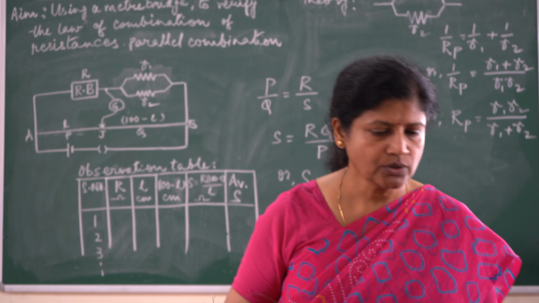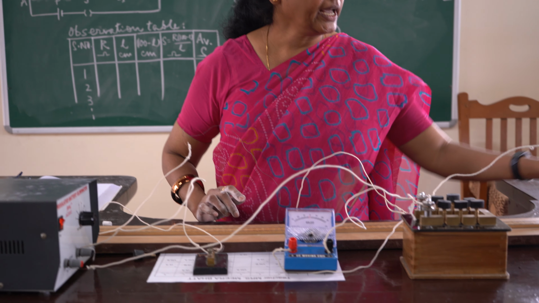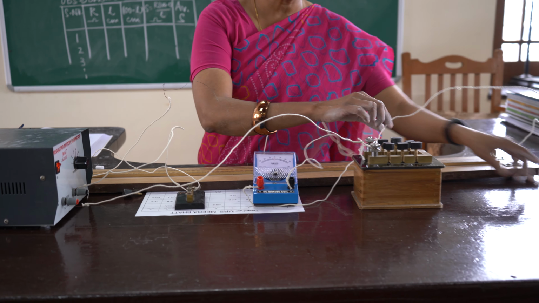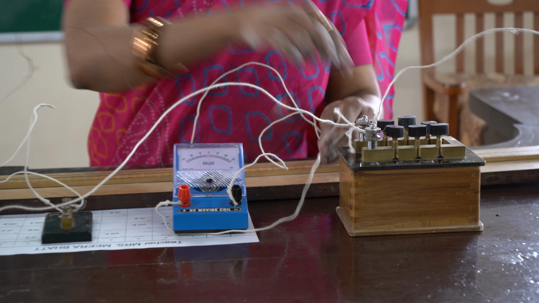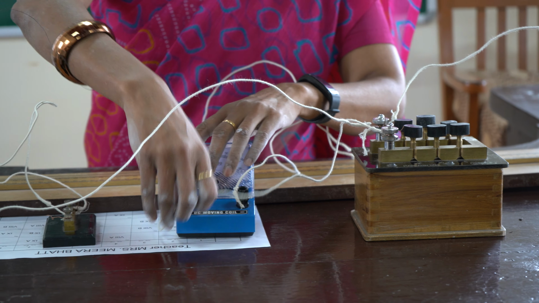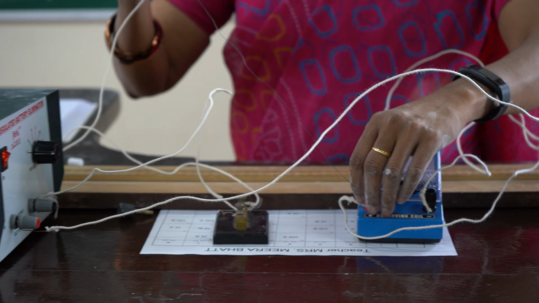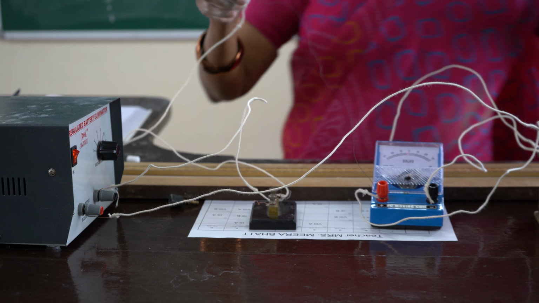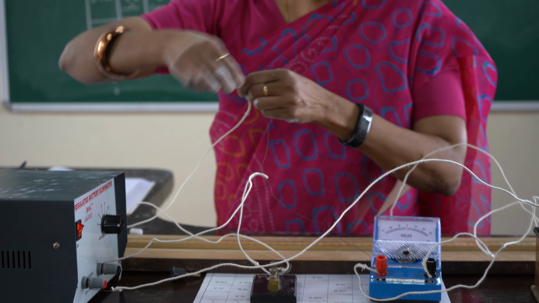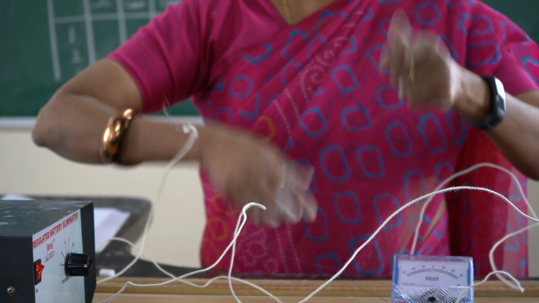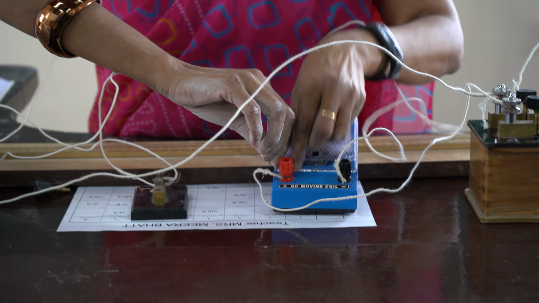Now come to this experiment. One end of the meter bridge is connected with the resistance box. Another end of the resistance box is connected with two different wires. They are connected in parallel. I am joining the wires.